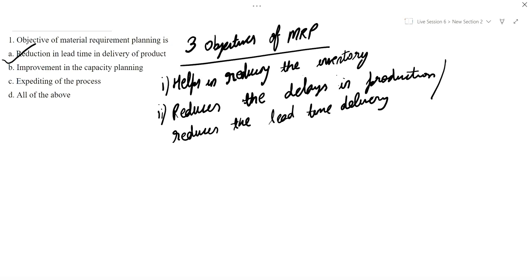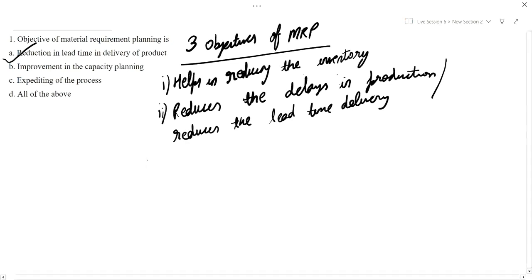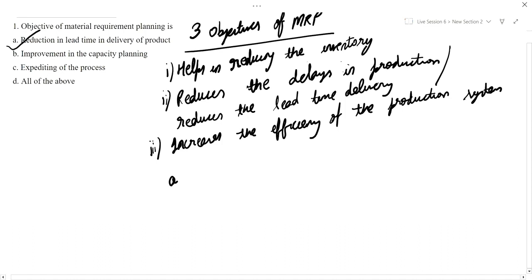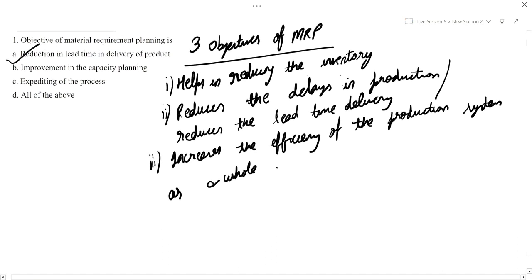Reduces the delays in production or reduces the lead time delivery. And the third one is increases the efficiency of the production system as a whole. So the correct option is a reduction in lead time in delivery of the product.